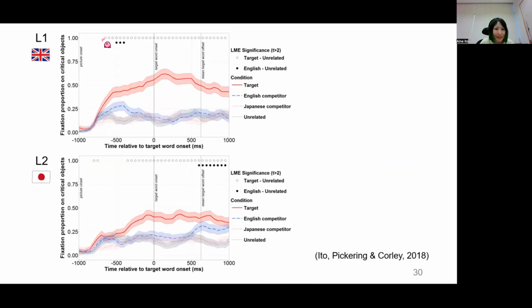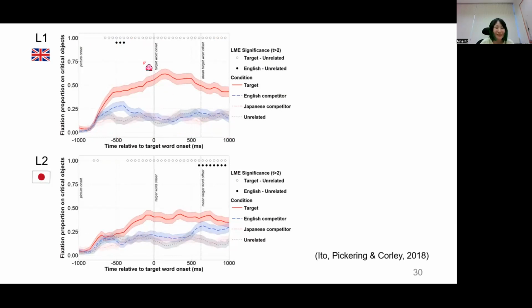Sorry, it's a bit small, but we can see multiple white circles at the top and black circles on the second row. This is showing the results of the linear mixed effects model. So if we run the same LME in each 15 millisecond time window, that involves multiple comparisons, right? So that's what we shouldn't do.